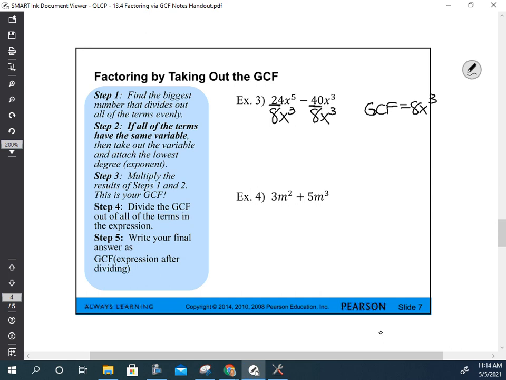So we divide out 8x to the 3rd. 24 divided by 8 is 3. Keep the x. 5 minus 3 is 2. 3x squared.